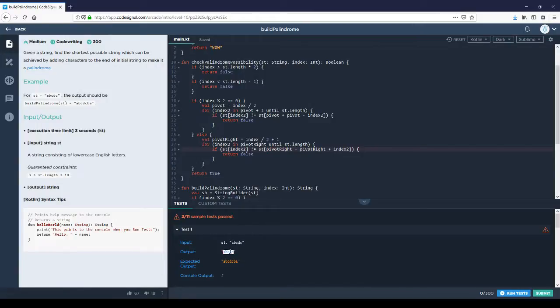ABCDC is now returning true for this case. Interesting. So because it returns this, it believes that this is the pivot.